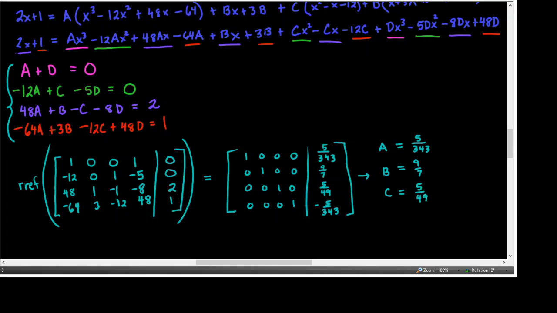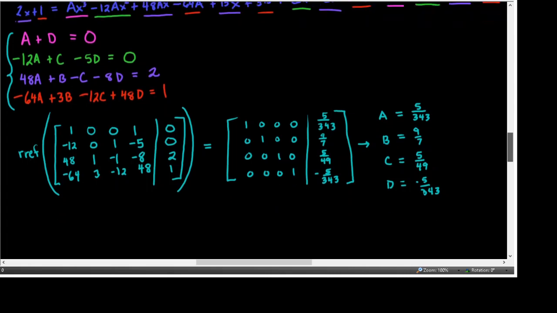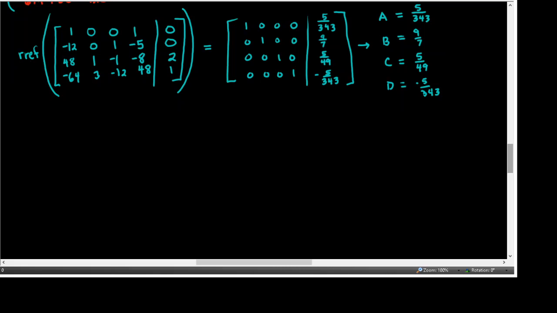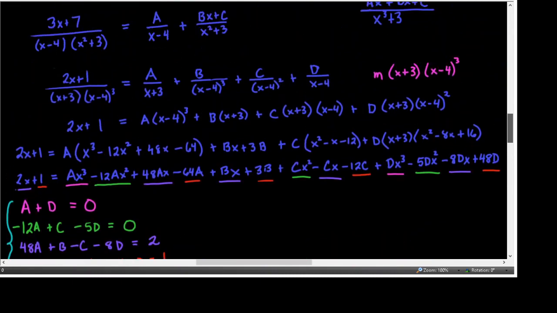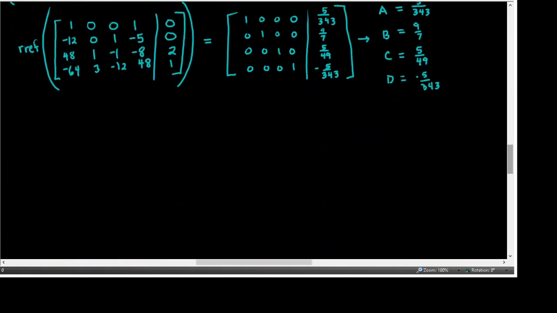And the last row is 0a plus 0b plus 0c plus 1d is equal to negative 5 over 343. Okay, and so what that implies is that, pull this down a little bit. If I remember, so I'll have this written down on my own piece of paper. Okay, a was over x plus 3.